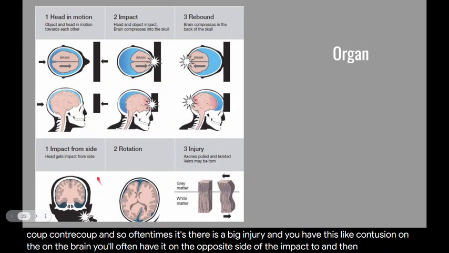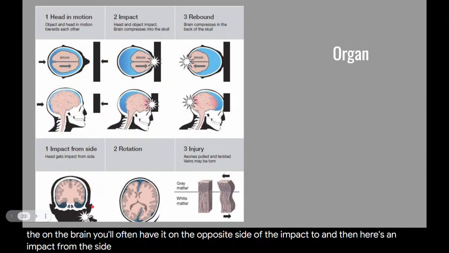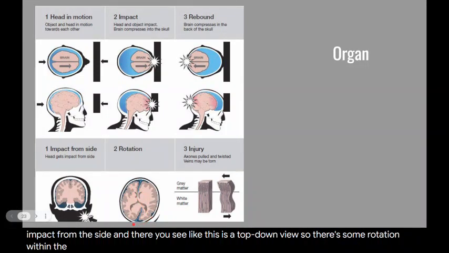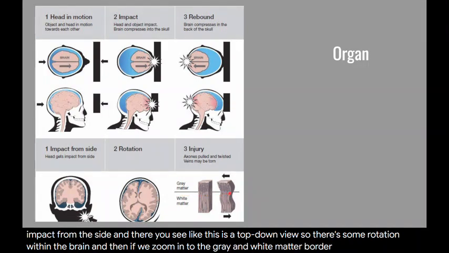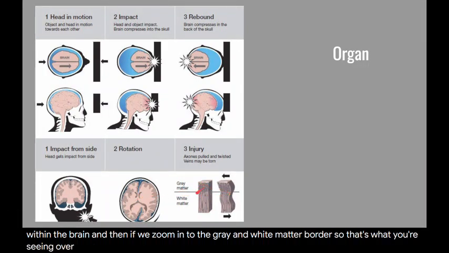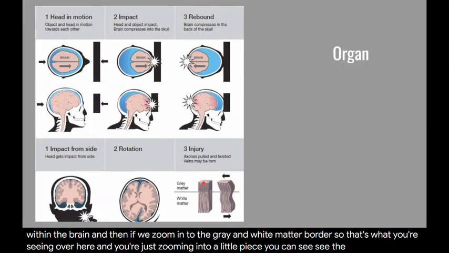And then here's an impact from the side. And there you see, this is a top-down view. So there's some rotation within the brain. And then if we zoom in to the gray and white matter border, and you're just zooming into a little piece, you can see the neuron cell bodies and then these axons.